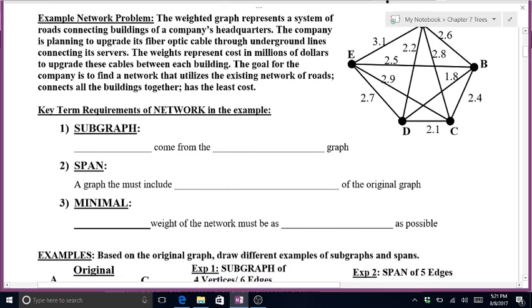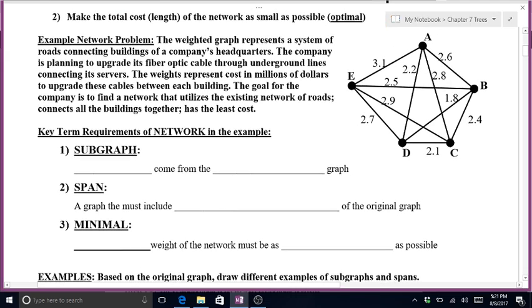Okay, so here's an example of something we're going to look at in this chapter. The weighted graph represents a system of roads connecting buildings of a company's headquarters. The company is planning to upgrade its fiber optic cable through underground lines connecting its servers. The weights represent cost in millions of dollars to upgrade these cables between each building.